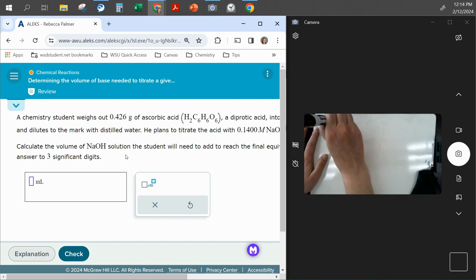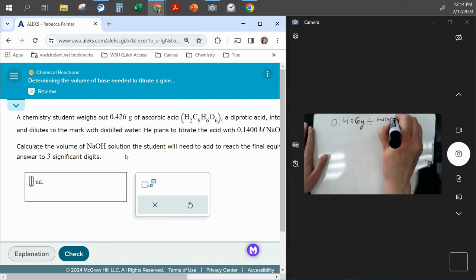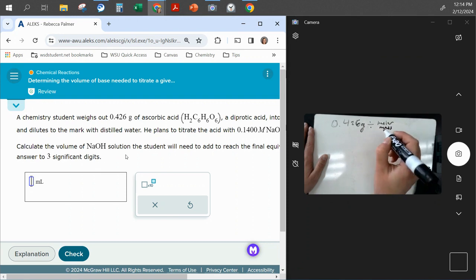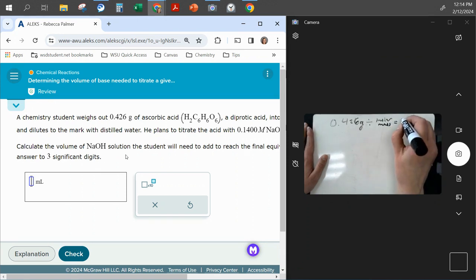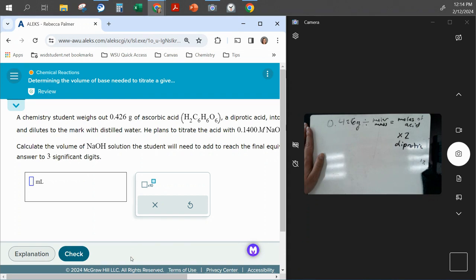The mass is 0.426 grams of the acid. So the first thing I'm going to do is divide by the molar mass, and that's going to give me the moles of acid. Then we're going to have to multiply by 2 because it says it's diprotic. Okay, so let's do that up to that point.